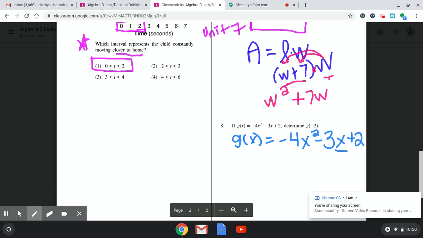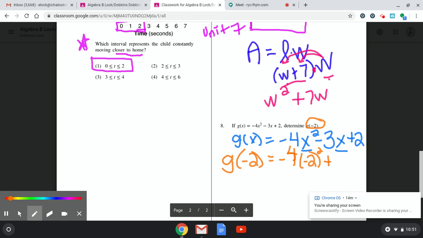So remember, x here is some number that we need to be told. Now in this question, they ask us to find g of negative 2. So we're going to be putting in negative 2 for the x's. Squared, minus 3 times negative 2 plus 2.